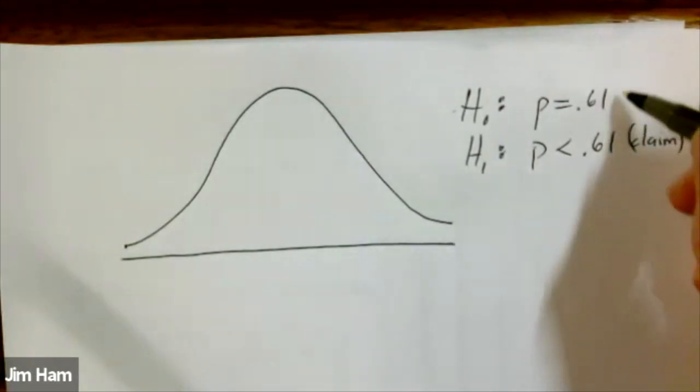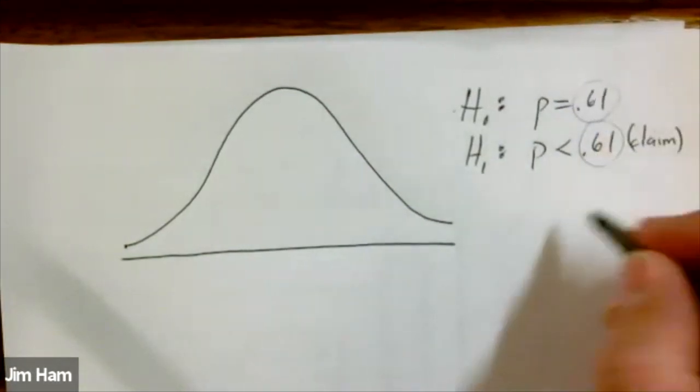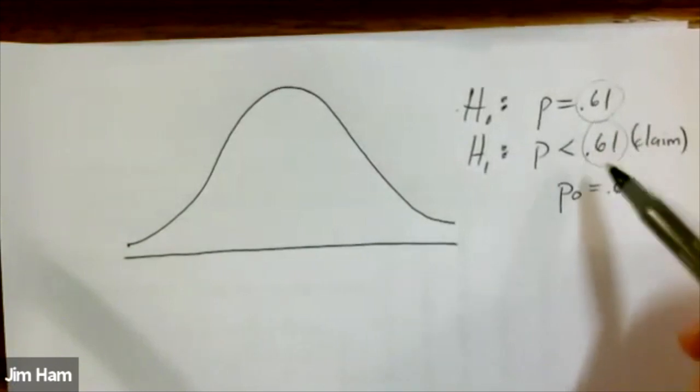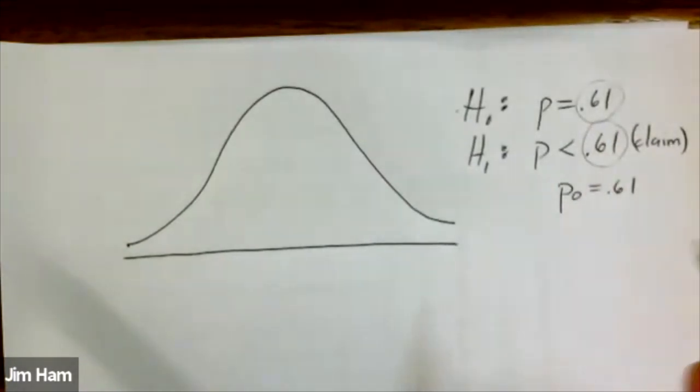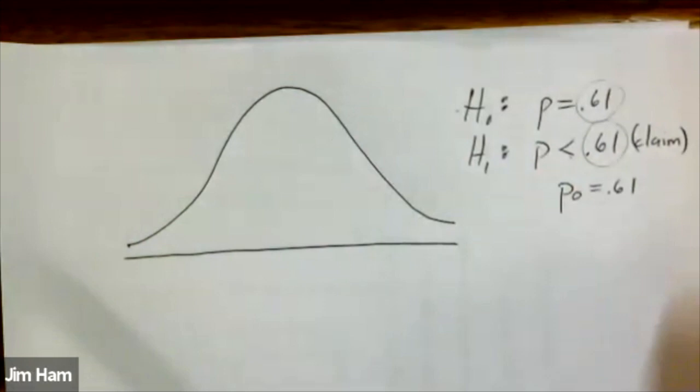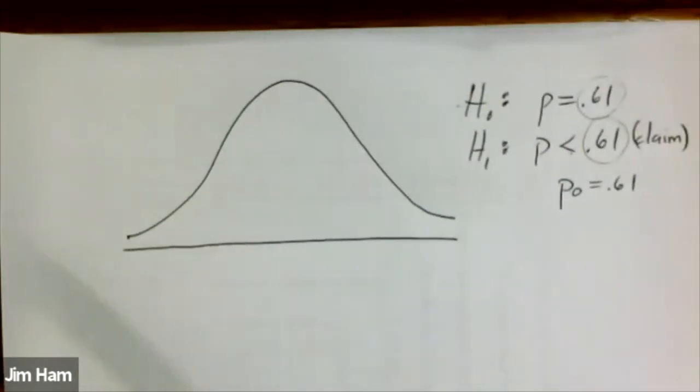All right, now this number right here is the P0. The number that appears in that null hypothesis is part of the claim. Was it 0.61? Well, there was one that was 0.61 and one that was 0.62. We'll just go with it this way.